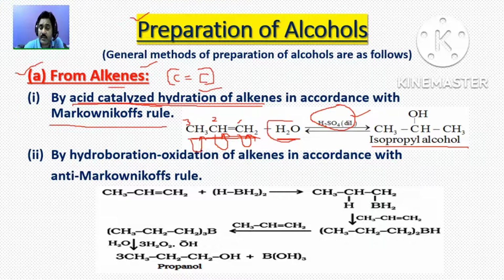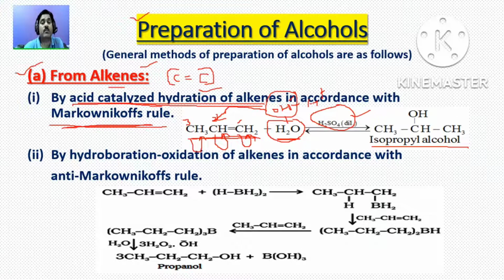Water is split up into OH negative ions and H plus ions. Then these OH ions are combined with one of the carbon atoms. Markovnikov says that OH is combined with that carbon atom which has a lesser number of hydrogen atoms and is also bonded with the double bond.